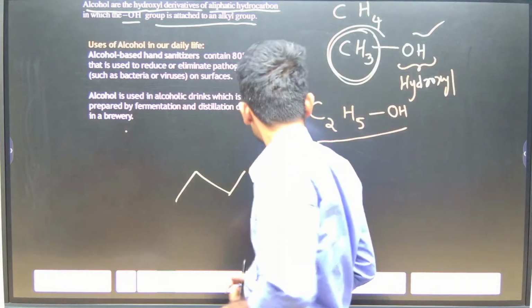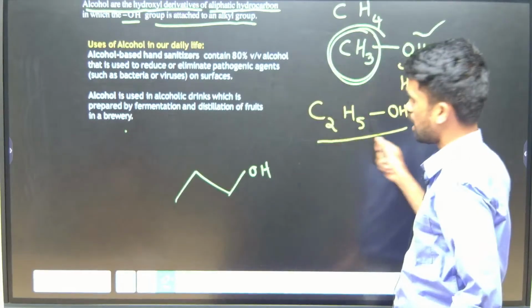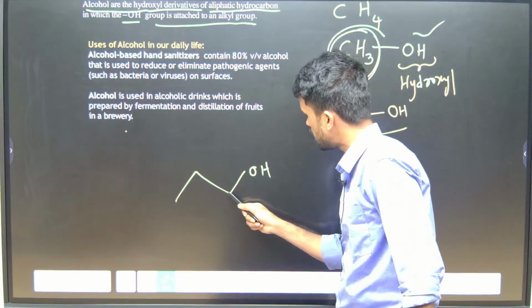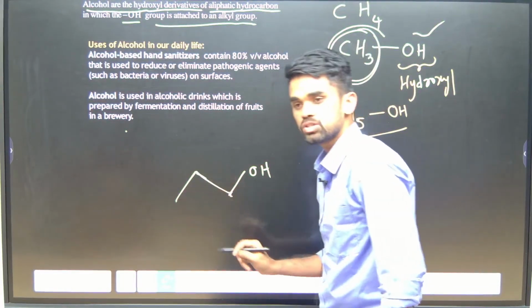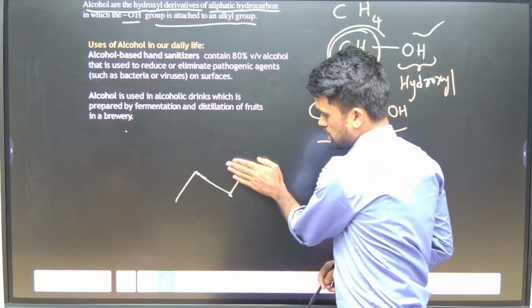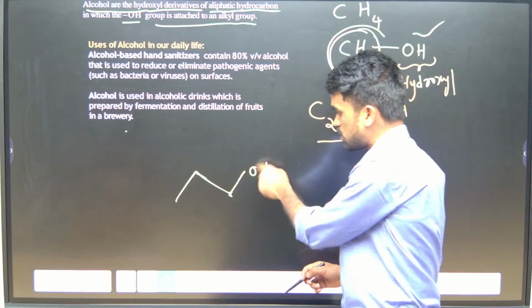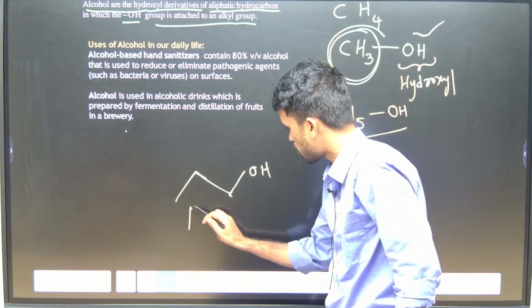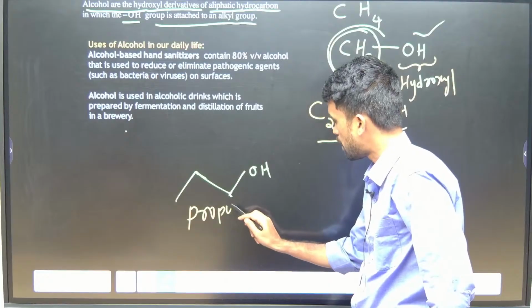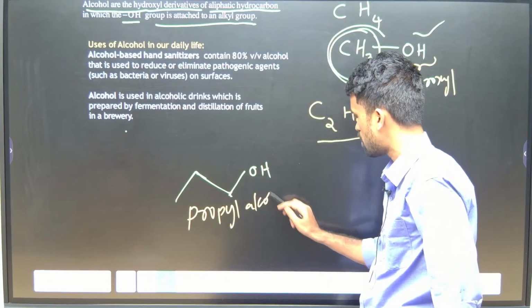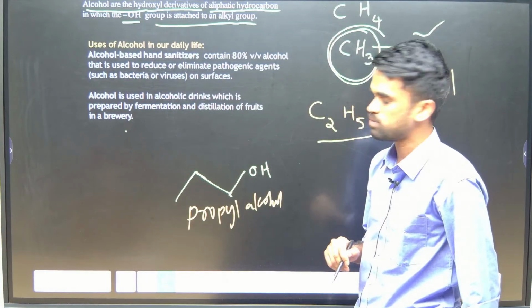So now what is the name of this compound? See here we have ethyl alcohol. Now see how many carbons are there? 1, 2, 3. So you can say propane. If it is only these 3 carbons, it's propane. Now remove one hydrogen and replace it with an OH group. You can say this is propyl alcohol. Like this we are writing.